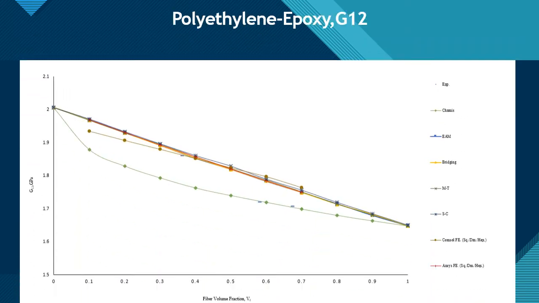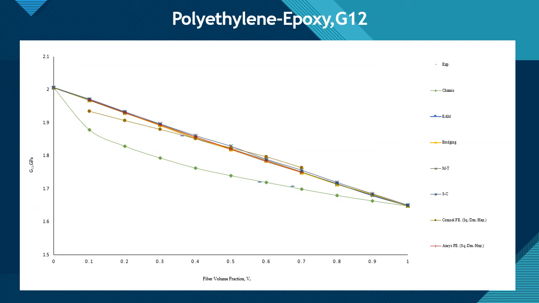So this is the graph for in-plane shear modulus for polyethylene epoxy. As we can see, there's the experimental data, and these red dots are the Ansys predictions. So we can see Ansys predicts quite well with the experiments once again.